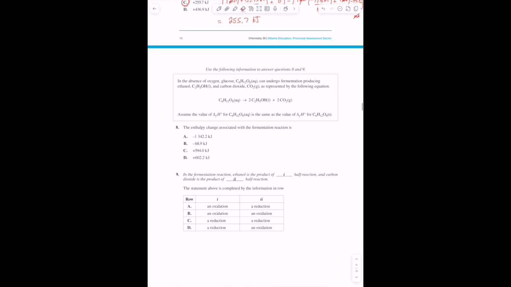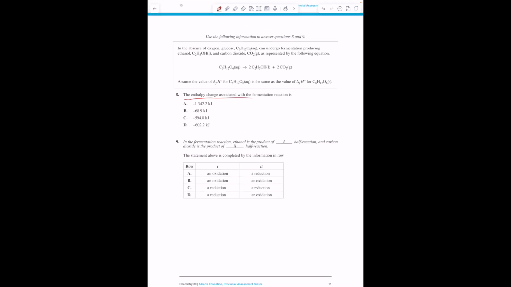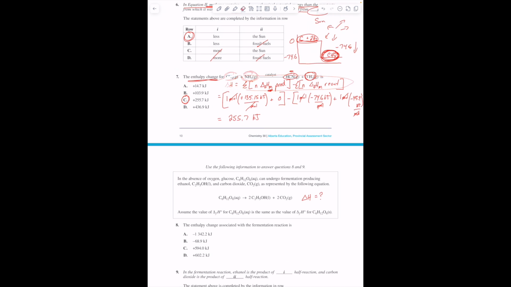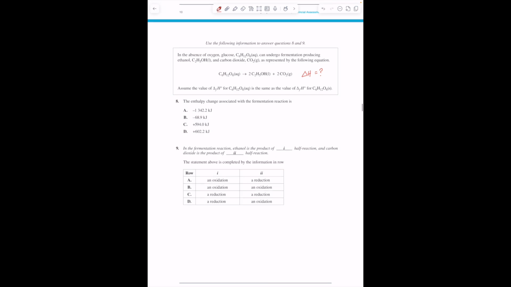Okay, next question. The enthalpy of change associated with that. So, in other words, what is the delta H? So I'm going to have to do Hess's law, which means I have to do this. Oh, back that up. I need to do that formula again. So Hess's law. All right, well, I'll just abbreviate it.